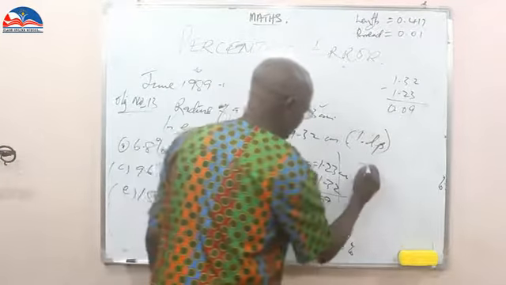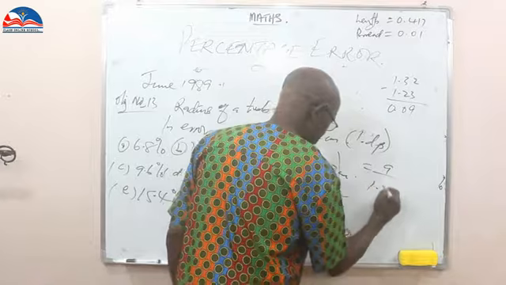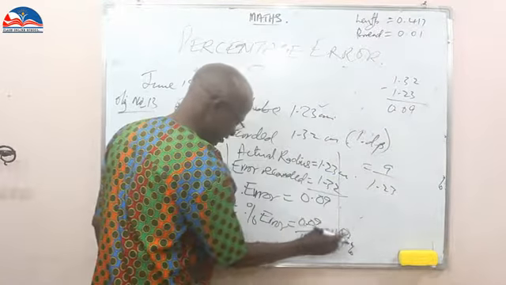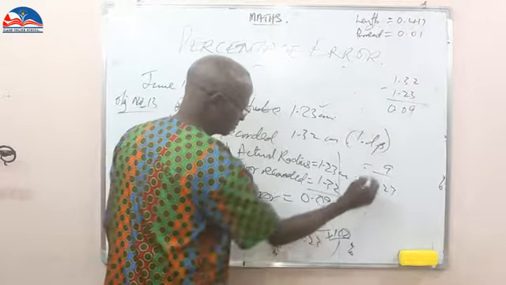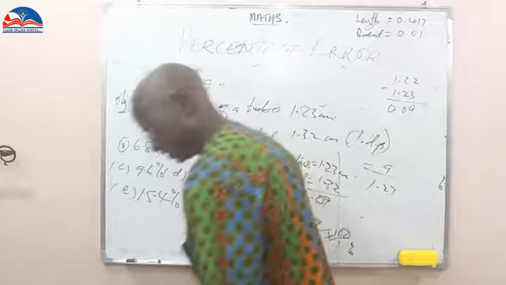If we move the point, it gives you 9 over 1.23, because times by 100 means you move the point. So divide 9 by 1.23.